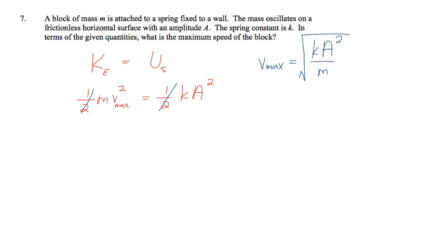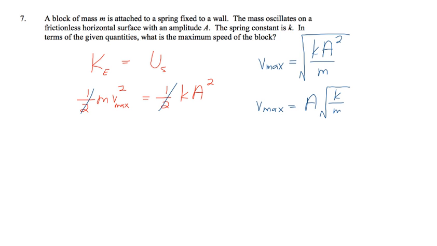My answer is Vmax is the square root of K A squared over M. Now, since A squared is a perfect square, if you want, you can take that out and write it as Vmax equals A times the square root of K over M.